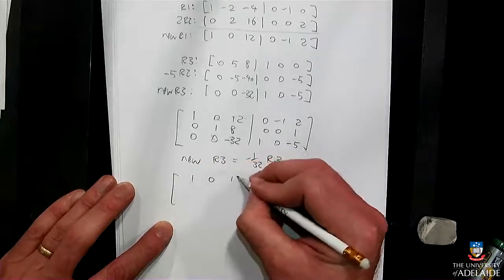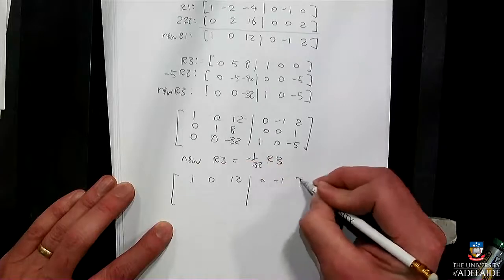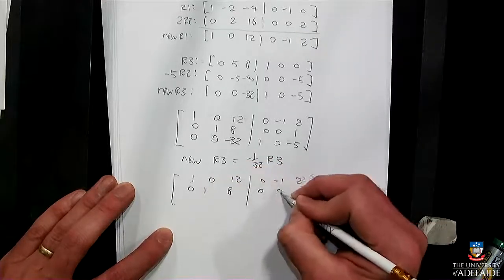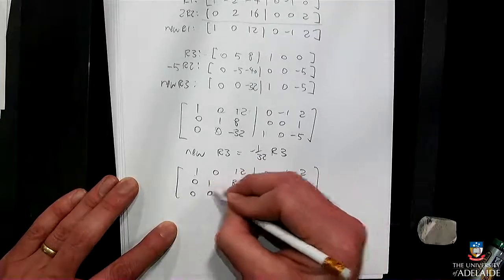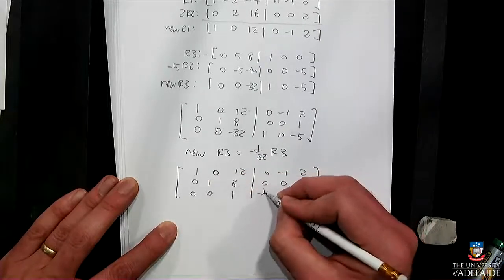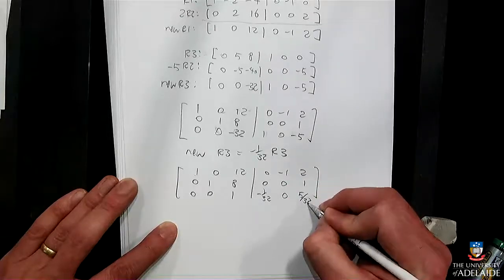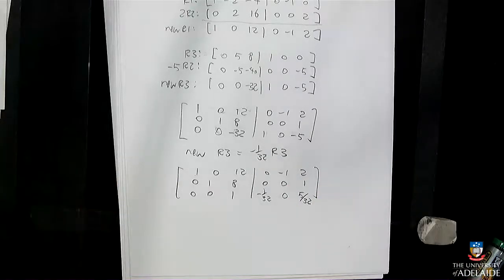1, 0, 12, 0, negative 1, 2, 0, 1, 8, 0, 0, 1, and 0, 0, 1, minus 1 over 32, 0, 5 over 32. Okay.